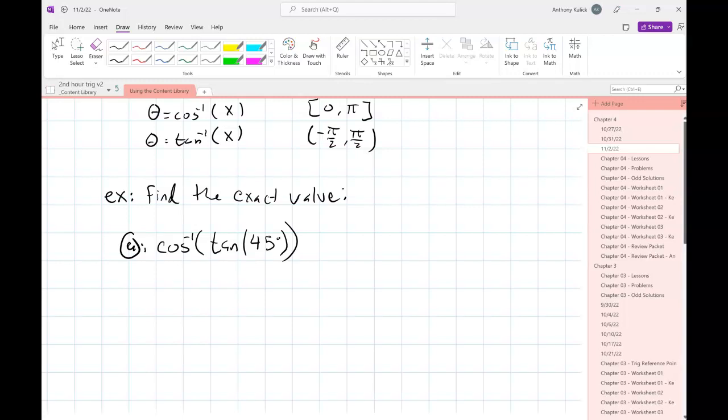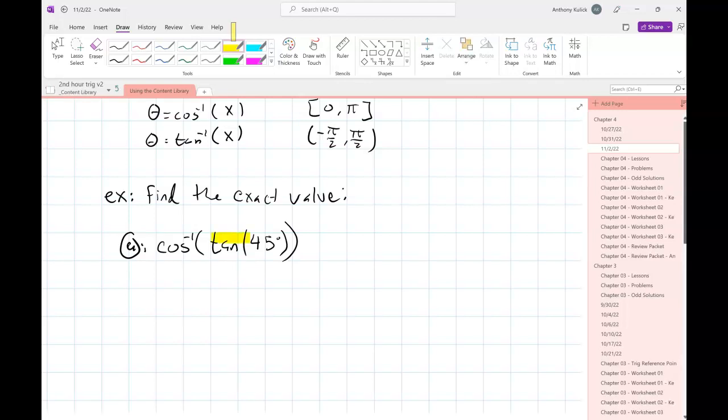So let's say we ask you to find the exact value of cosine inverse of tangent of 45. This looks complicated, but it's not really a big deal. The trick on one of these problems is we want to start from the inside and work our way out.